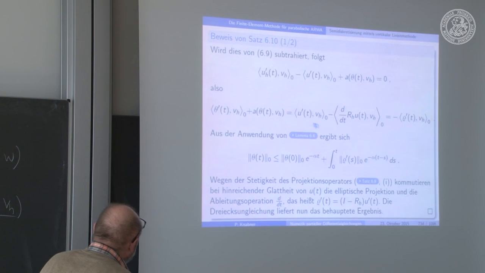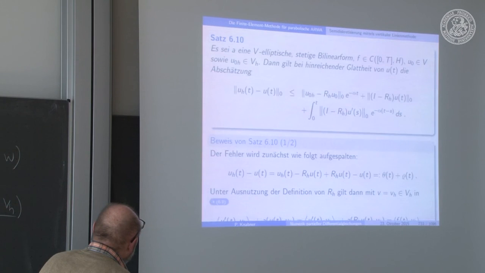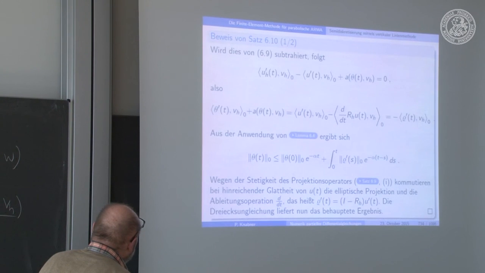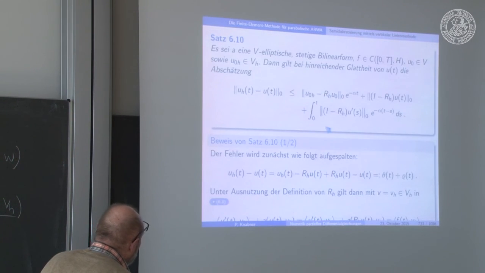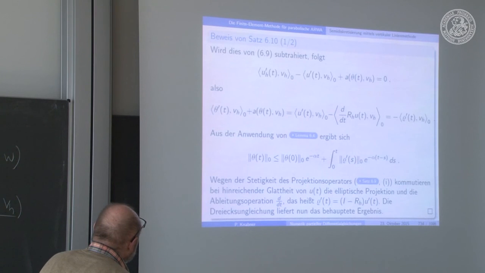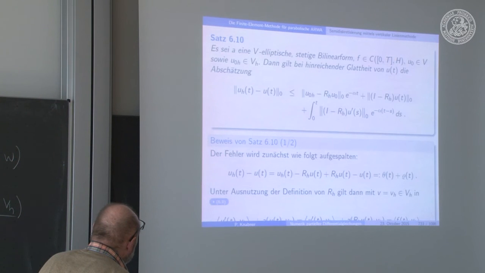If we subtract, we get here the U prime, and now the other terms must fit, in the sense that the right-hand side goes away, the F term is gone. Theta, what is theta? Theta is UH minus RHU. So here we have UH minus RHU. So the only thing that has changed is that we have substituted.